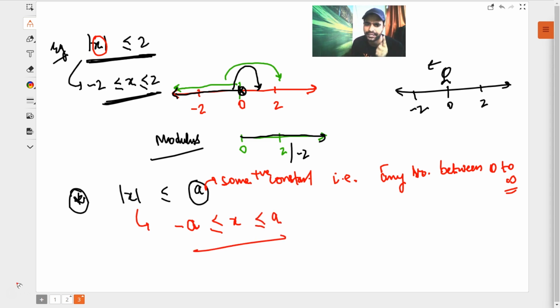Everybody clear with this thing or not? It is very important. This a can be any positive real number.